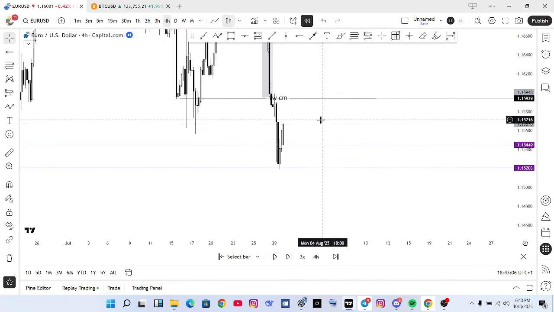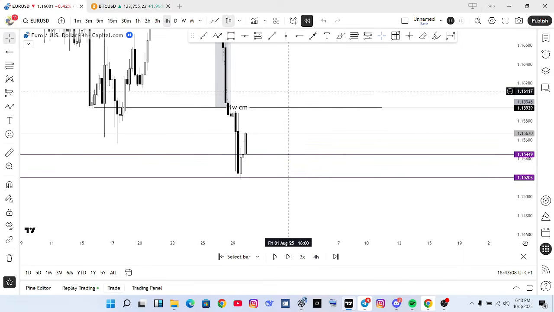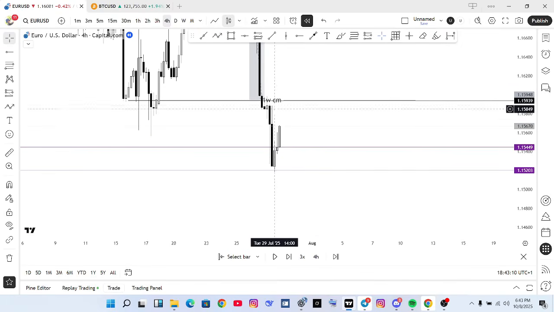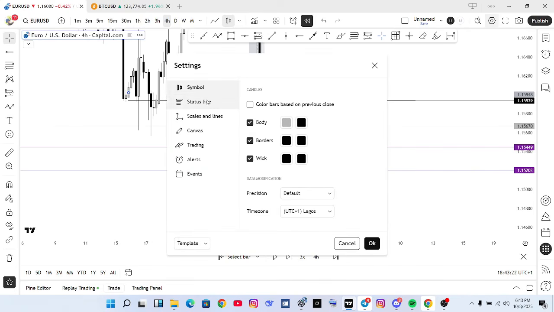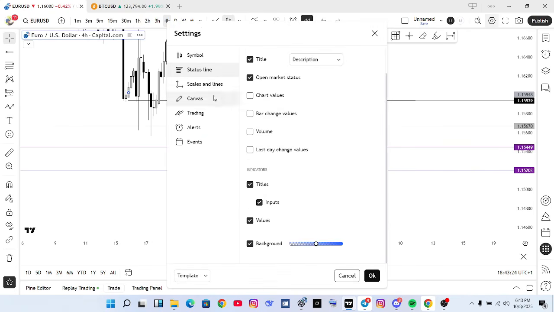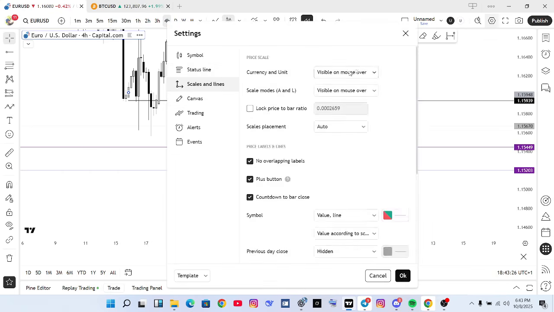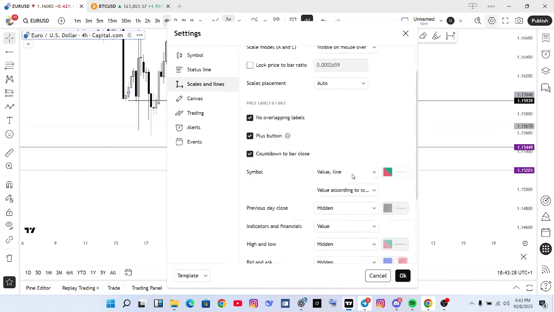Now let me look for more entries to go down, since we now know that price is going to be going down. What's the time now? I need to change this time from 24 hours to 12 hours.